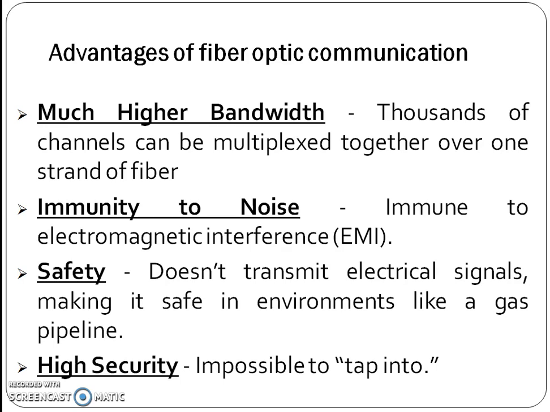We can have immunity to electromagnetic interference in fiber. Then there is more safety in optical communication systems because it doesn't transmit electrical signals, making it safe in environments like a gas pipeline. Here we have more security, and so it is impossible to tap information.